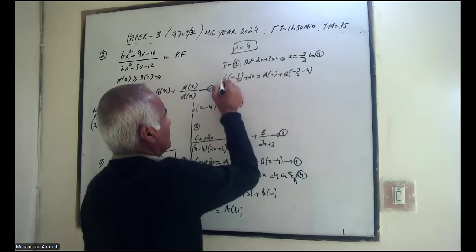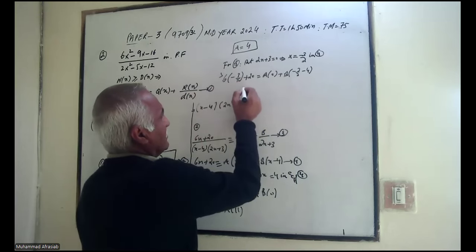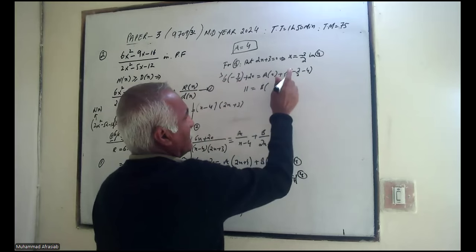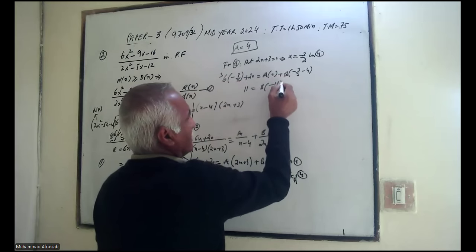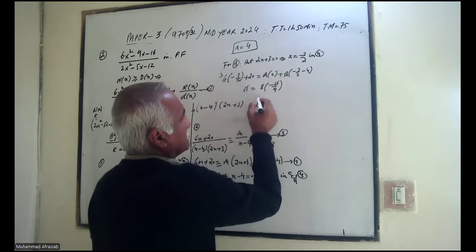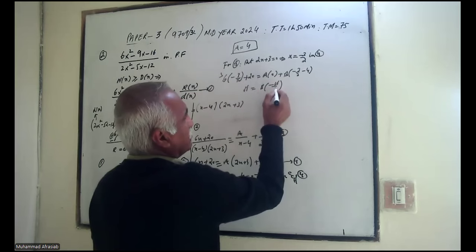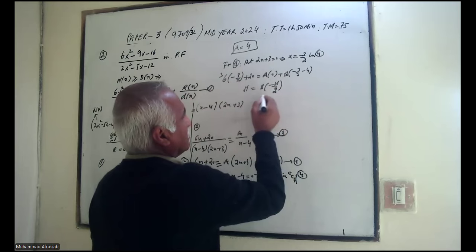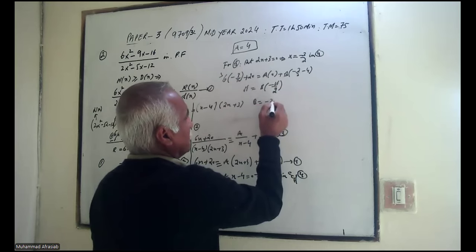So this is minus 9 plus 20, which is 11. That is b times minus 3 minus 8 over 2, which is minus 11 over 2. So the value of b is equal to minus 2.